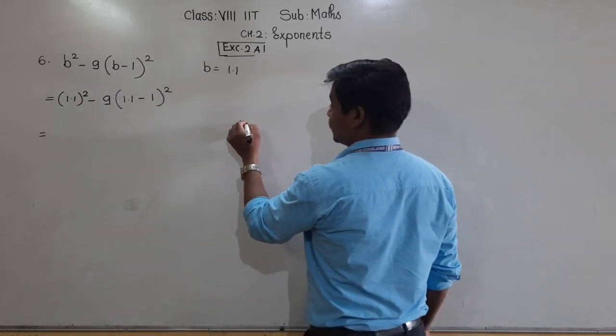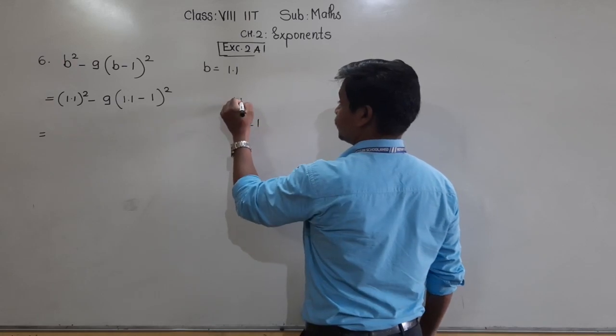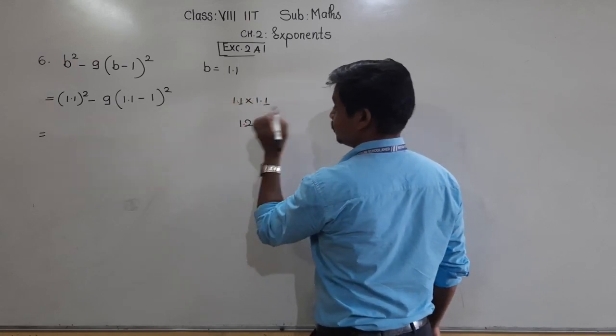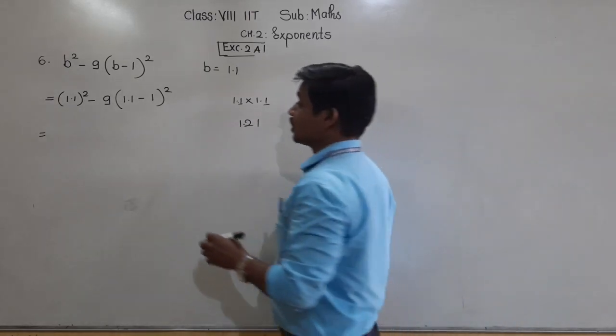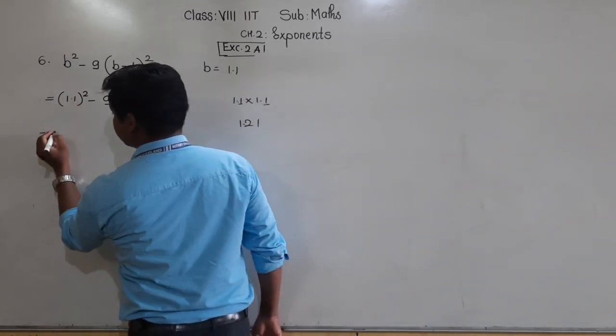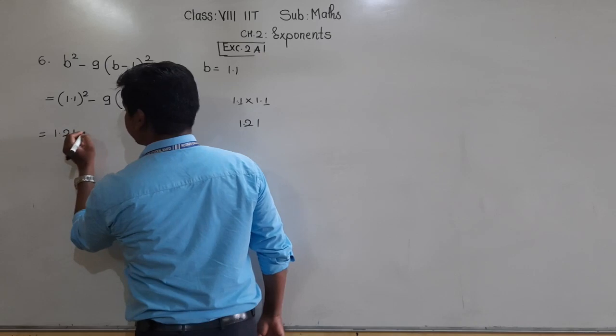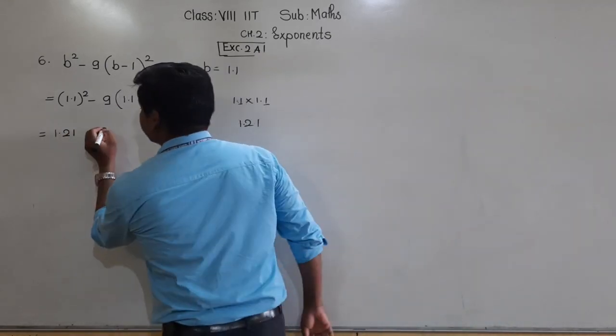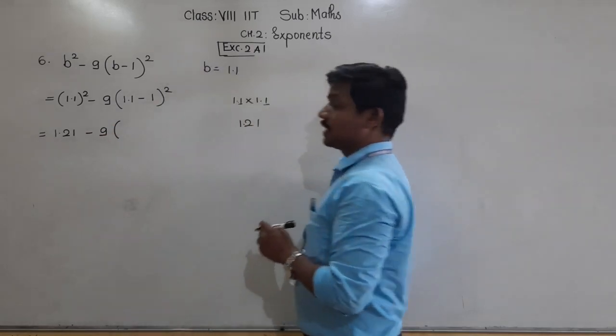What is the square of 11? 121. And since it is 1.1 into 1.1, after the decimal point 2 digits are there, so put the decimal before 2 digits. So the square of 1.1 is 1.21, minus 9 into (1.1 minus 1).